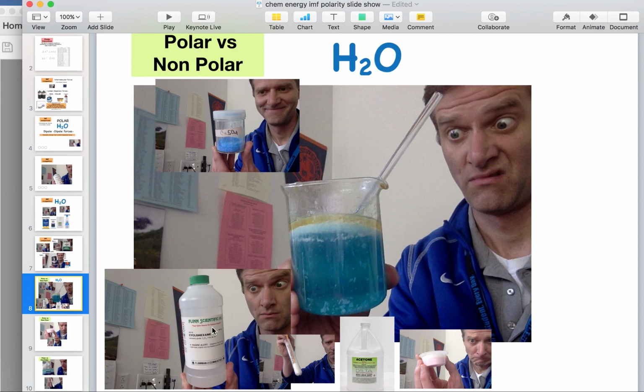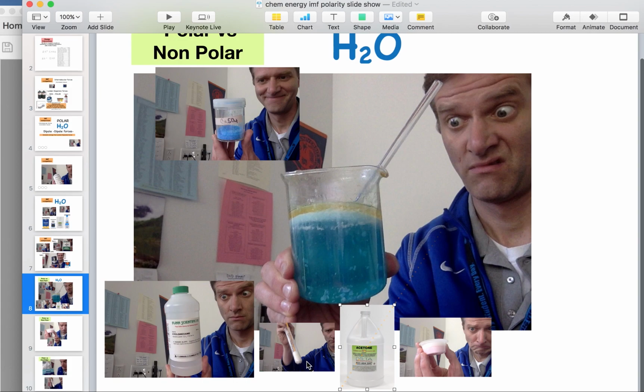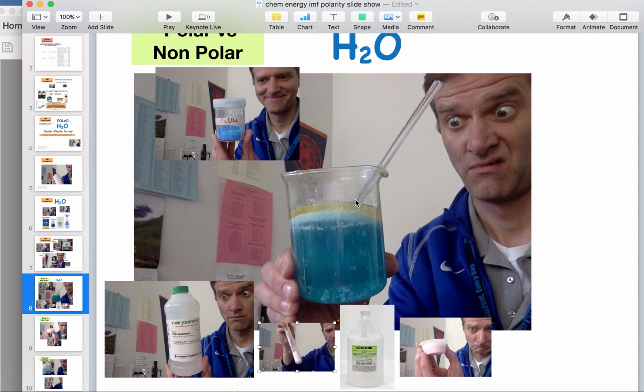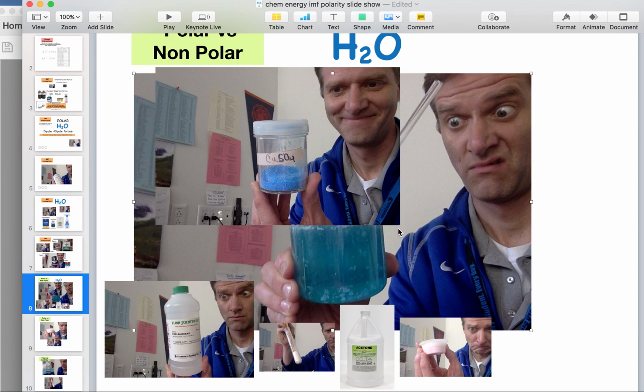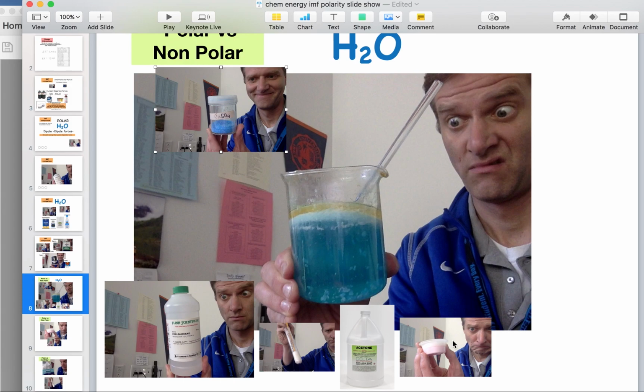If it's nonpolar, that's like our gasoline, our cyclohexane. Acetone was very nonpolar. It did not blend well with water. Our wax, very nonpolar. It did not blend well with water. But our salt did blend well with water. So remember, likes dissolve likes. That's kind of an easy way to remember what's polar, what's nonpolar.